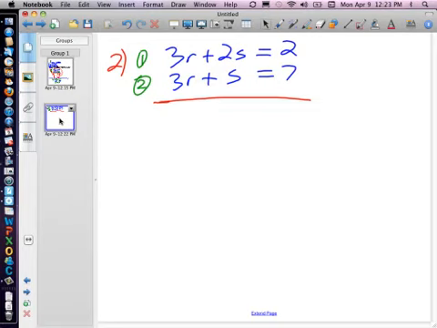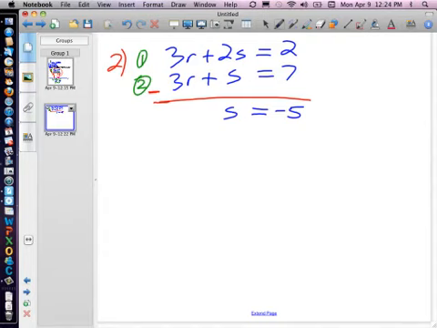So in this case, subtraction is the method. And notice when we have 3r minus 3r, we get 0. 2s minus s leaves us with s, and then 2 minus 7 would give us negative 5. So here we were able to eliminate the r term.